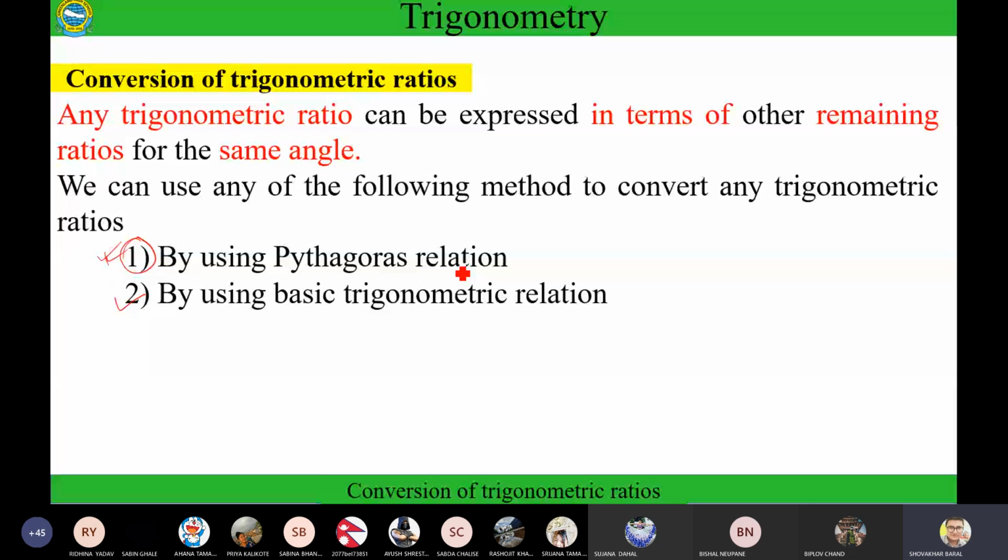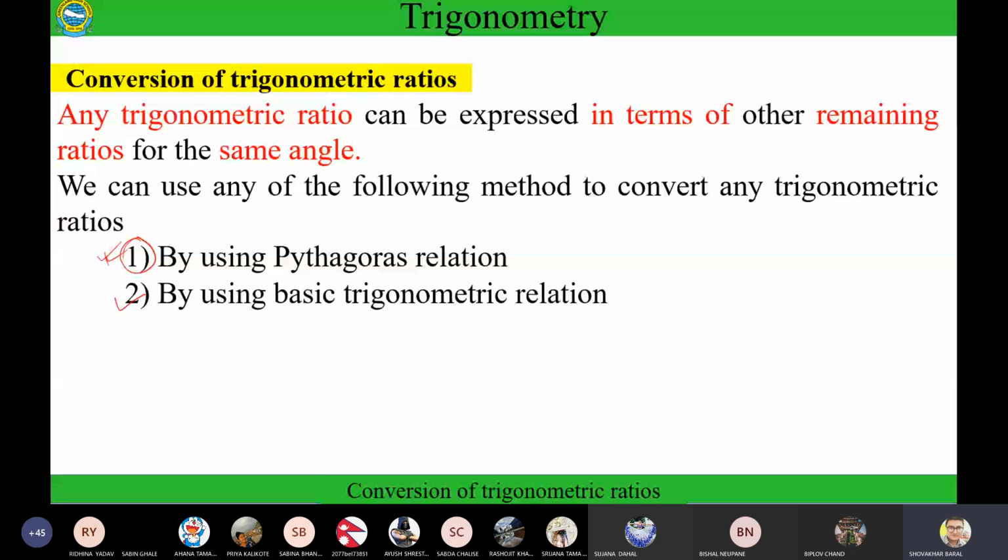So by using Pythagoras relation, we will convert all trigonometric ratios in terms of other remaining ratios. Please copy it fast. By using Pythagoras relation and by using basic trigonometric relation. Basic trigonometric relation, please write this fast.